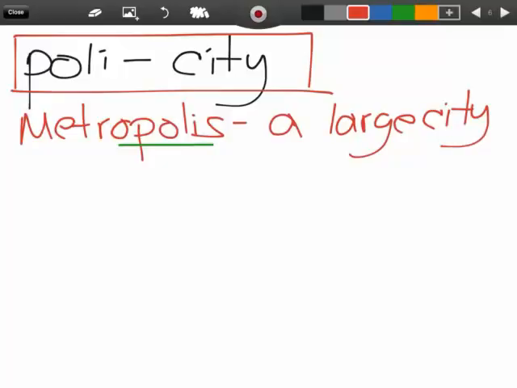I'm going to give you another example, which is police. I'm going to go ahead and underline that root for you also.